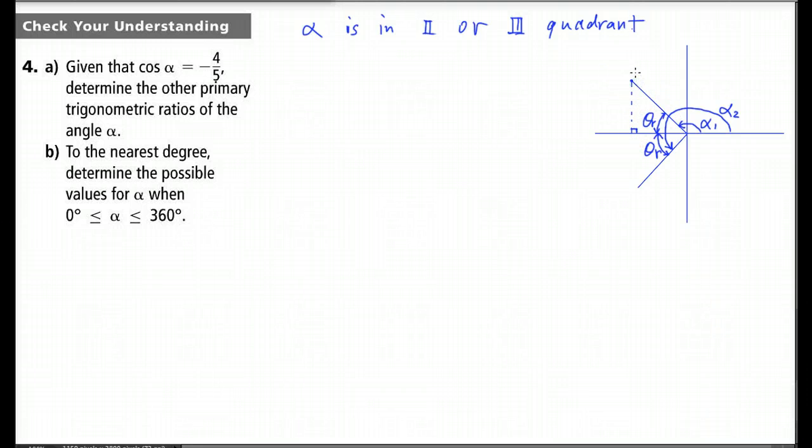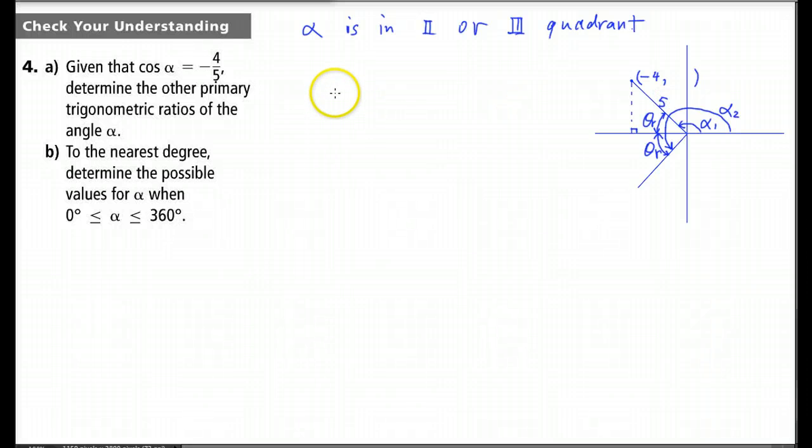Now again, because the ratio is negative 4 over 5, we can make this point negative 4. And then how much is this? For now, we don't really know. But we know the hypotenuse is 5.